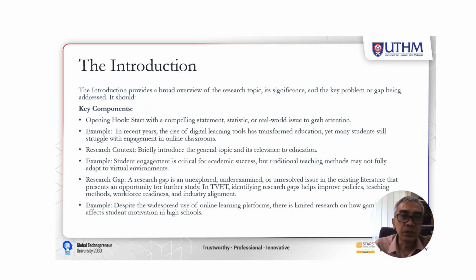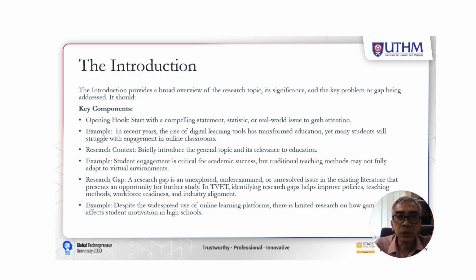To frame a research gap properly, you need a clear structure. First, you state what is already known, supported by previous studies. Second, you identify what is missing. This is where you highlight the limitation or gap. And third, you justify why this gap is important.